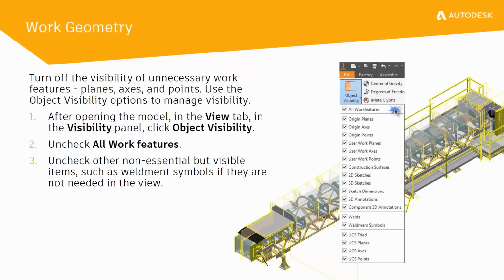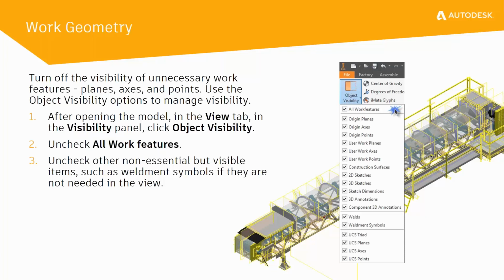Some other things you can do when working with large assemblies is try and minimize the amount of work geometry that you're using. So turn off the visibility of any unnecessary work features like planes, axes, and points. You can do this quite quickly from the View tab in Inventor. Under the Visibility panel, you'll notice the Object Visibility icon.